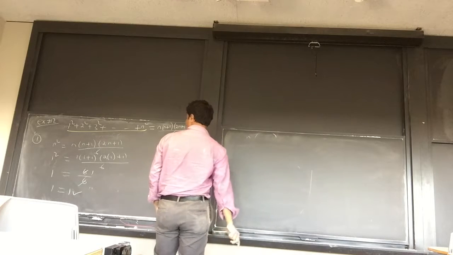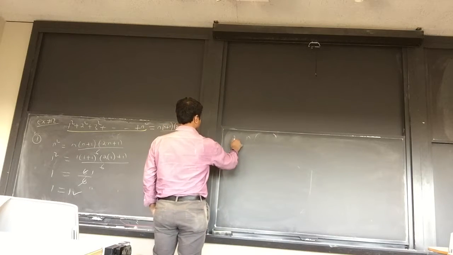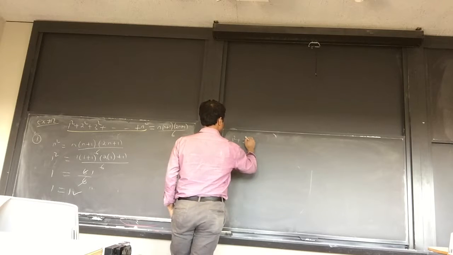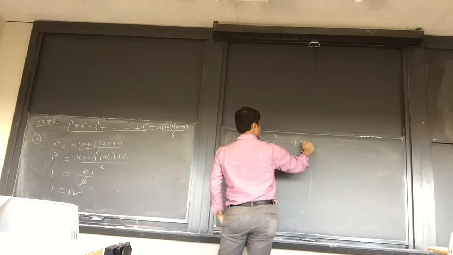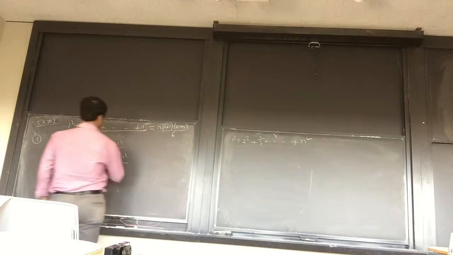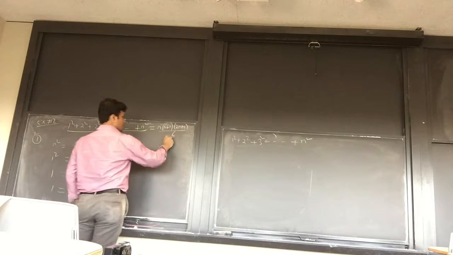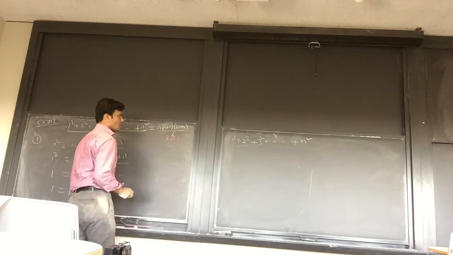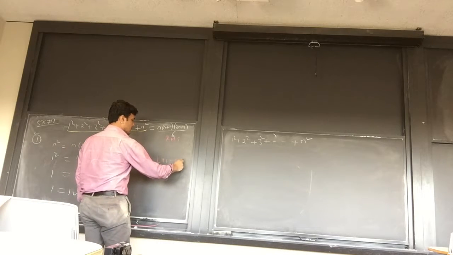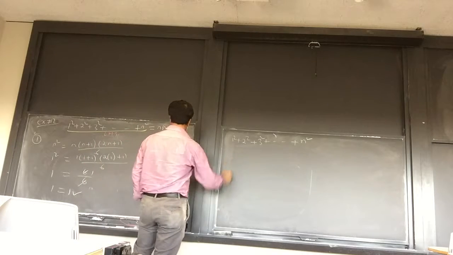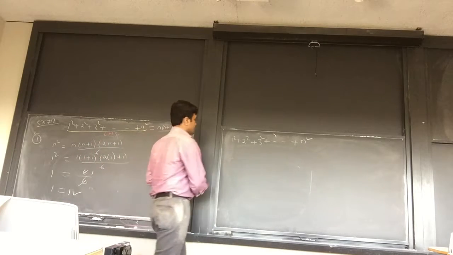Okay, so now 1 squared plus 2 squared plus 3 squared plus ... plus n squared. This is our left hand side and this is our right hand side. Our goal is to make sure that the left hand side is equal to the right hand side. So step 2 is the left hand side.